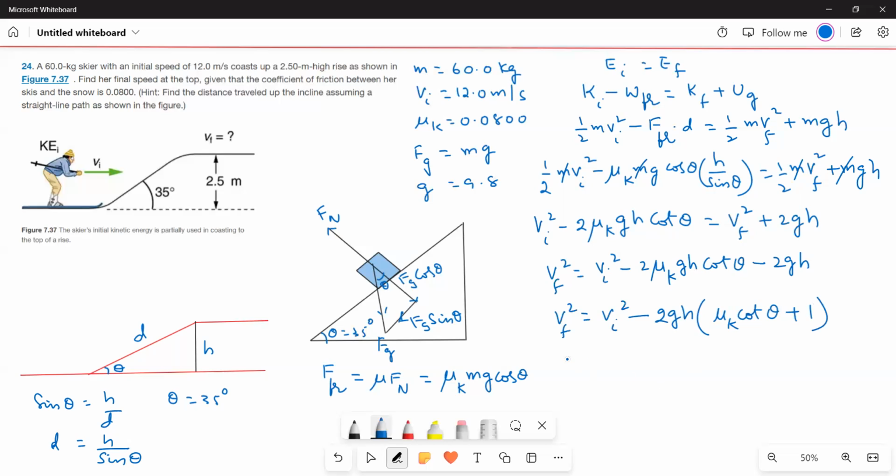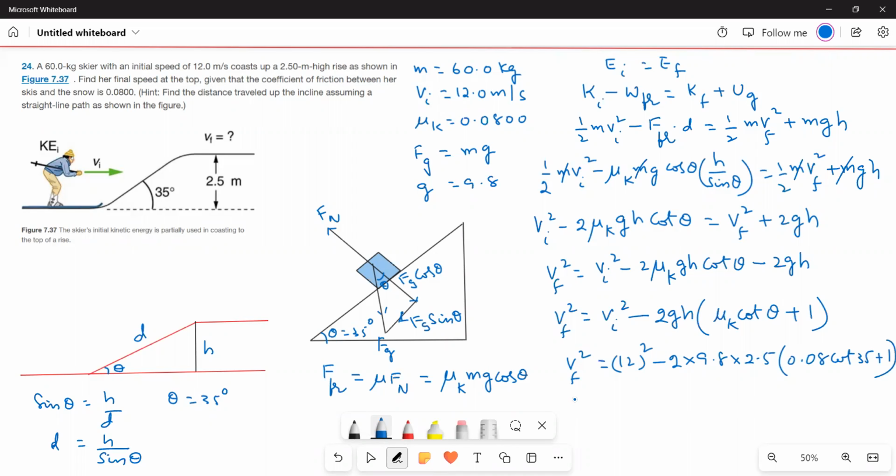Therefore, I will substitute the values here. Vi is 12 meters per second, minus 2 into 9.8 into h, which is 2.5, times 0.08 cot 35 plus 1.